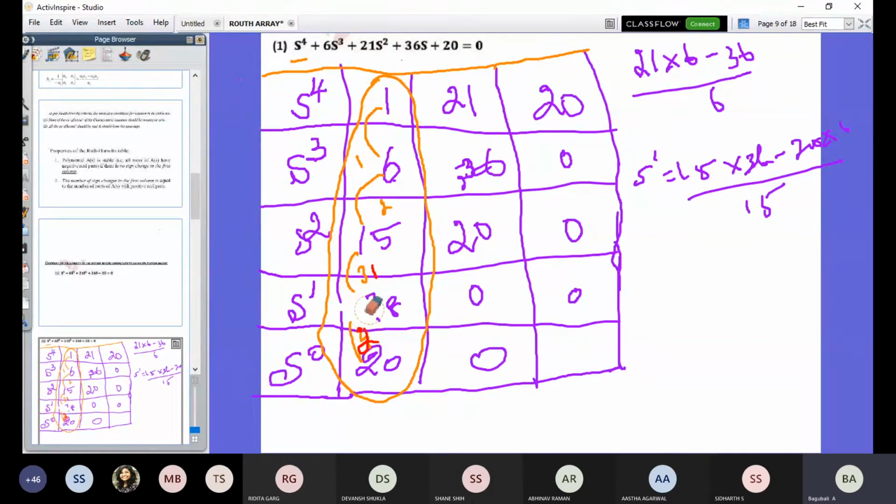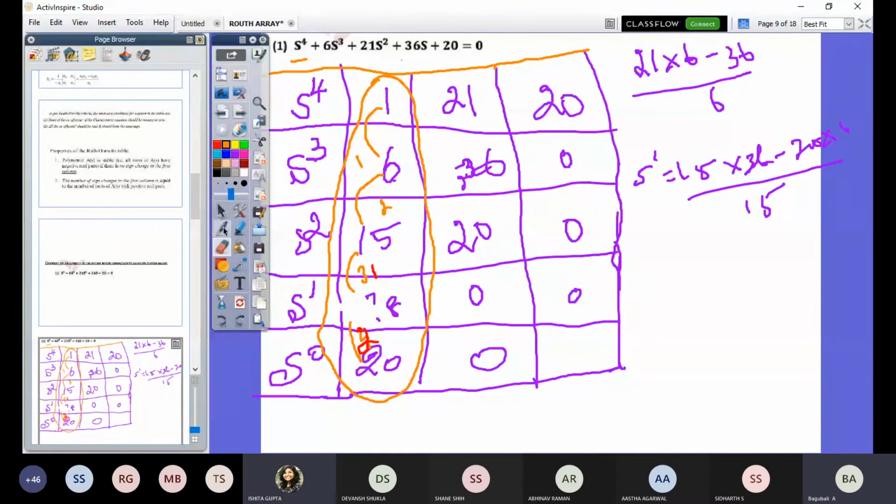So how many roots are located in the left half of the S plane and the right half of the S plane? In this problem, where are the roots located, how many roots here? 4 roots. Two roots in the right half? No, now I have removed that negative sign.